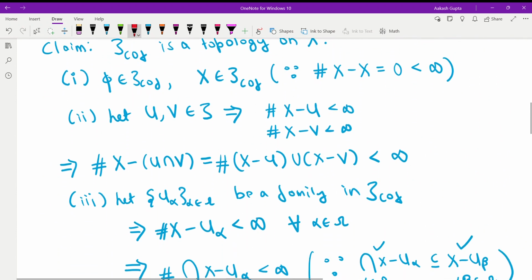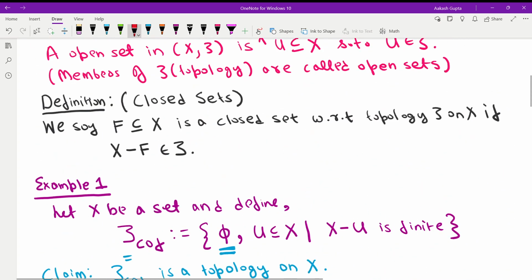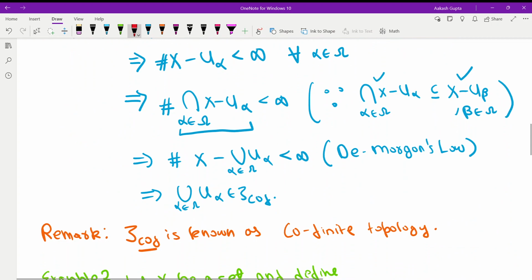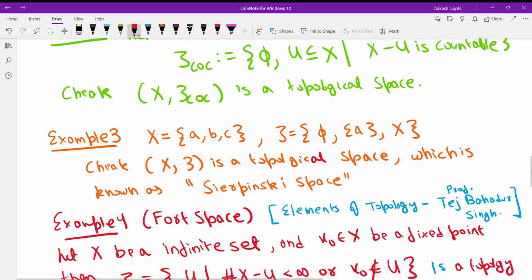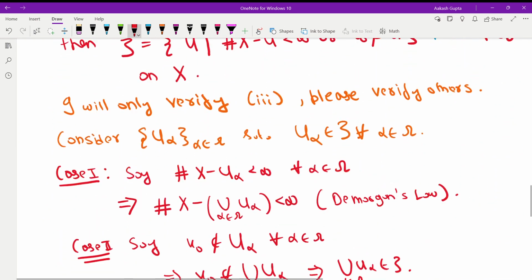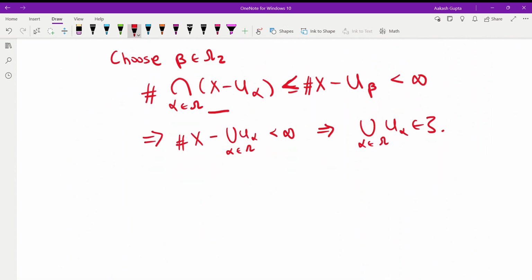That's not that much difficult. So you see what examples we have done. These examples: the co-finite topology, something called tau COC, you have to guess the name, the Sierpinski space, and the fourth space.